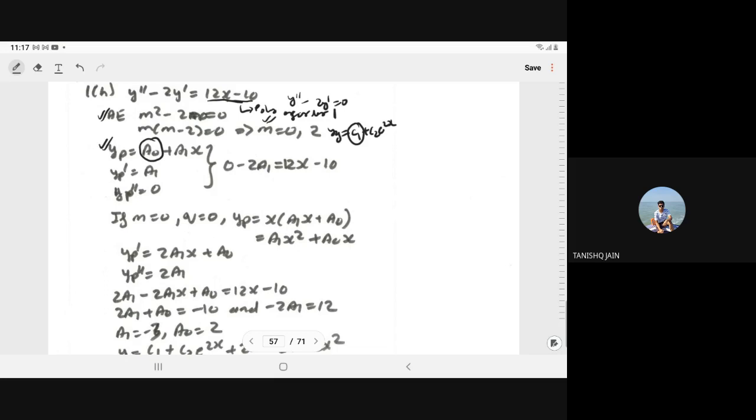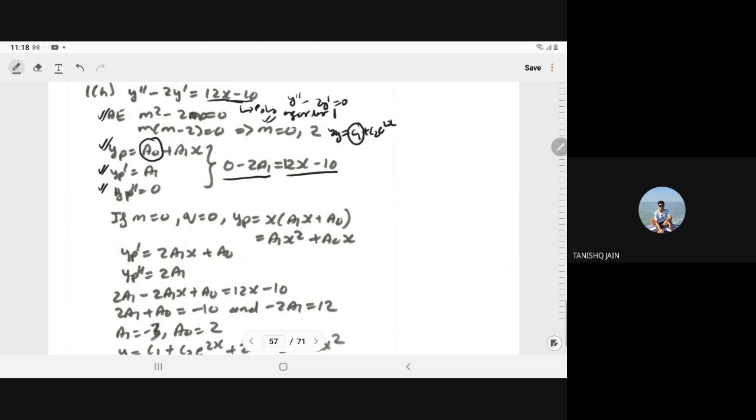So if we have the yp as a naught plus a1x, then yp dash will come a1 and yp double dash will come 0. So when we put in the above equation, it will come 0 minus 2a1 is equal to 12x minus 10.